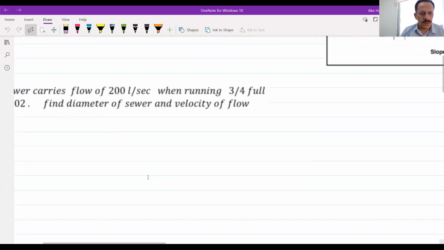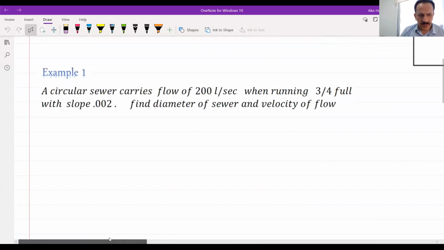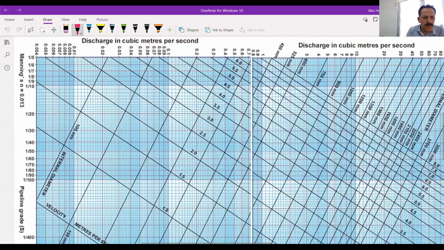Here's example 1. It says that we have a circular sewer, I mean by concrete.